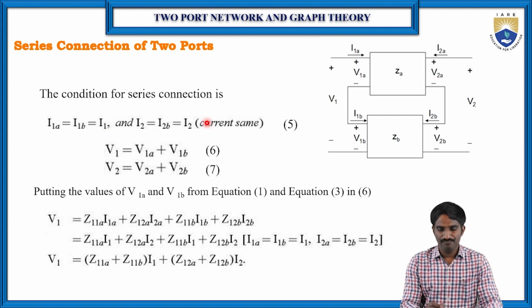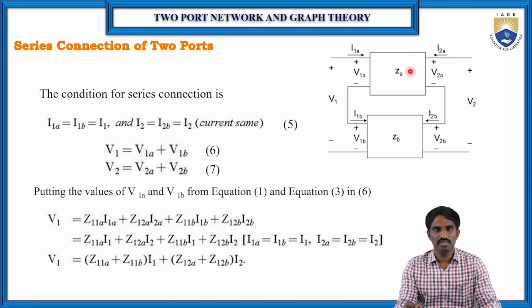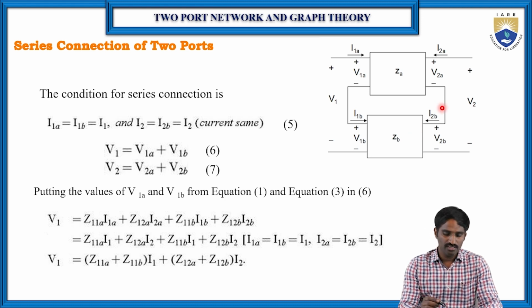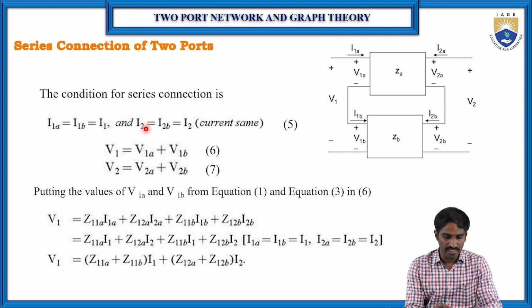Similar way, on the output side, I2A is the current flowing through the network ZA, and I2B is the current flowing through the network ZB, right? Then, sorry, here it is a printing mistake: I2A is equal to I2B is equal to I2, right?